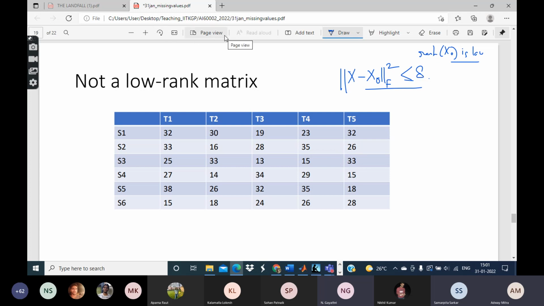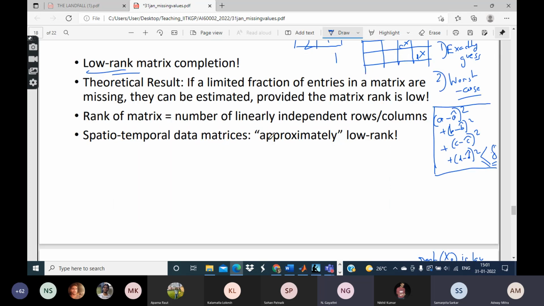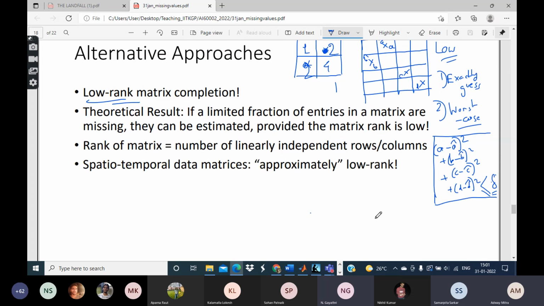There are results which show, as I have already said, that if this matrix is low rank, then it is possible for you to predict the missing values up to a certain level of accuracy. And now I am saying something further.